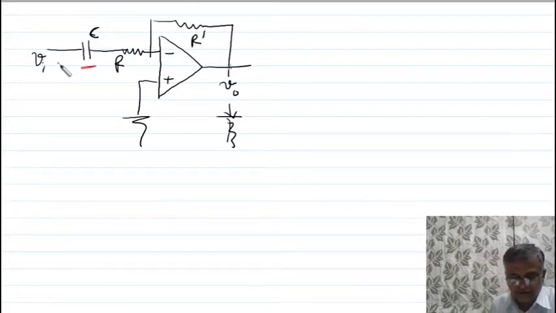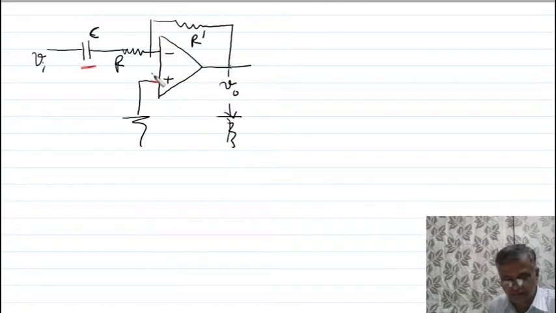Now let us draw its equivalent circuit. You already know that due to infinite input impedance, the input terminal of the op amp does not draw any current.